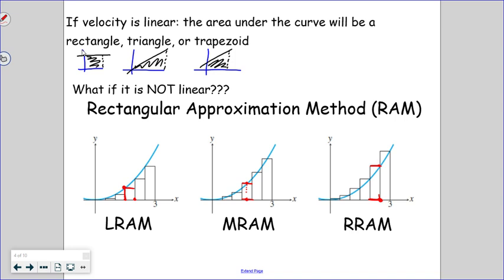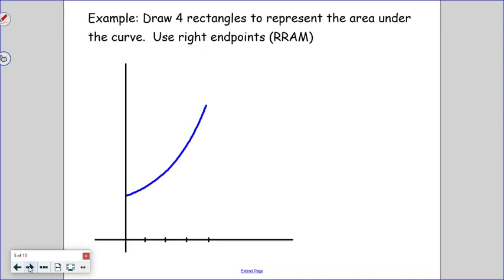Okay, so let's talk about the basics of this. Draw 4 rectangles to represent the area under the curve. Use the endpoint. A lot of times they're going to tell you how many rectangles to do. So to start, you take whatever distance you're doing and equally split it into those 4 spaces, which I have drawn for us on there.